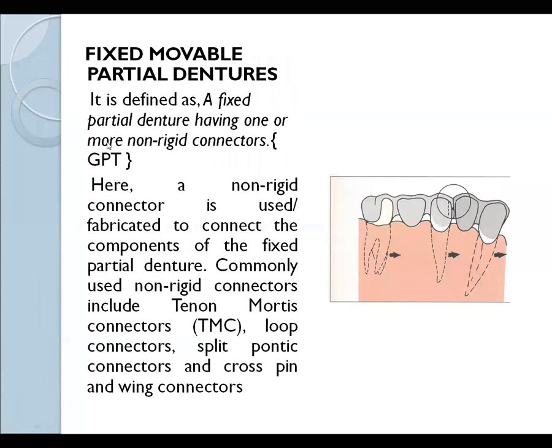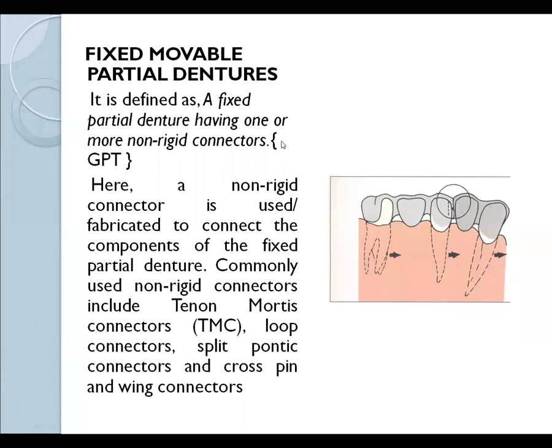In this picture, there is a fixed partial denture having one or more non-rigid connectors. Here, a non-rigid connector is fabricated to connect the components of the fixed partial denture. Commonly used non-rigid connectors include tenon mortise connectors, loop connectors, split pontic connectors, and cross beam and beam connectors. These are mainly examples of non-rigid connectors.